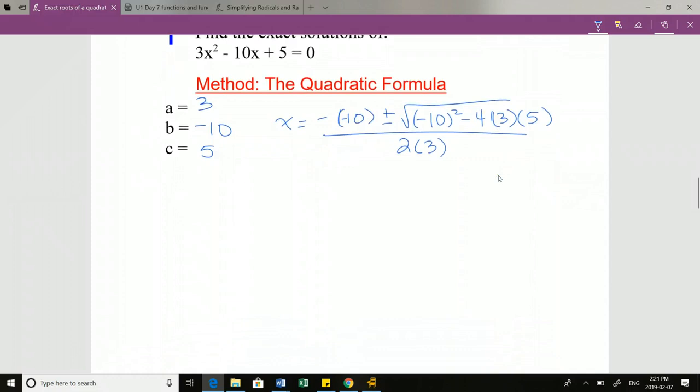Okay, we're going to simplify. And then when we did this earlier in this unit, we went and we found the decimal values. We're not going to be doing that anymore. We're going to be focusing on just expressing these exactly.